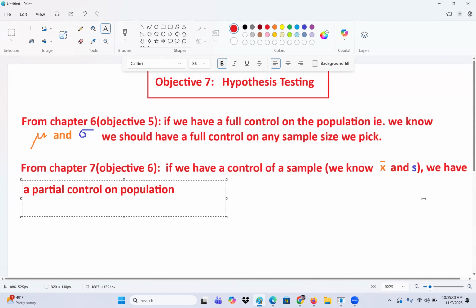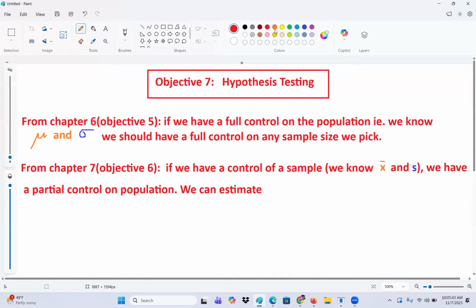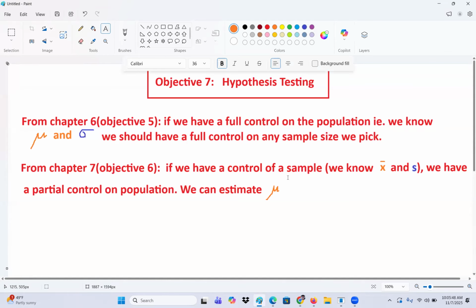So we can actually estimate the mean, the population mean. This is what we have for the population average, using the z-score, the z distributions, or the t-score.